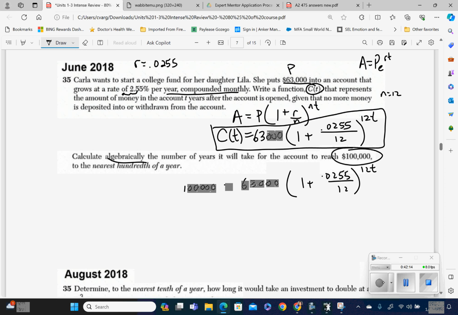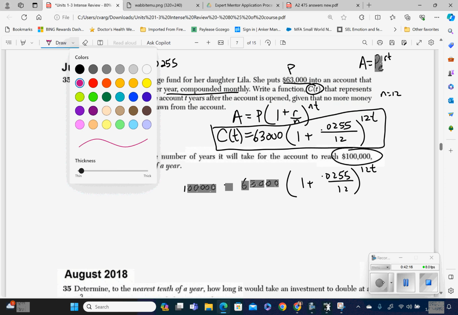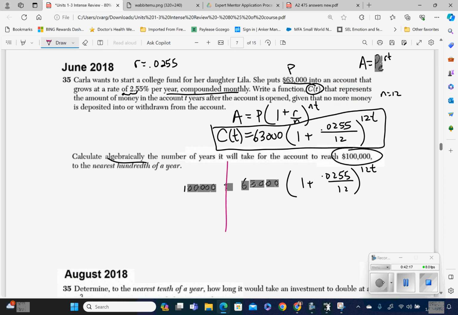Let's just say you didn't know how to do this. Again, I keep telling you, you could do y1, y2 here, get an answer. You can get that t is about 18.14, and then out of the 4 points here, you would be able to get 2, maybe 3, depending on who's grading your paper.